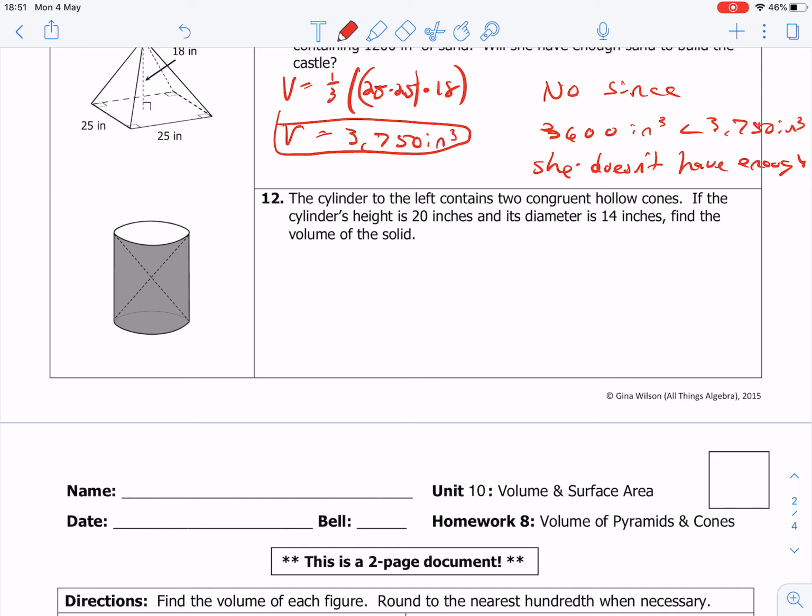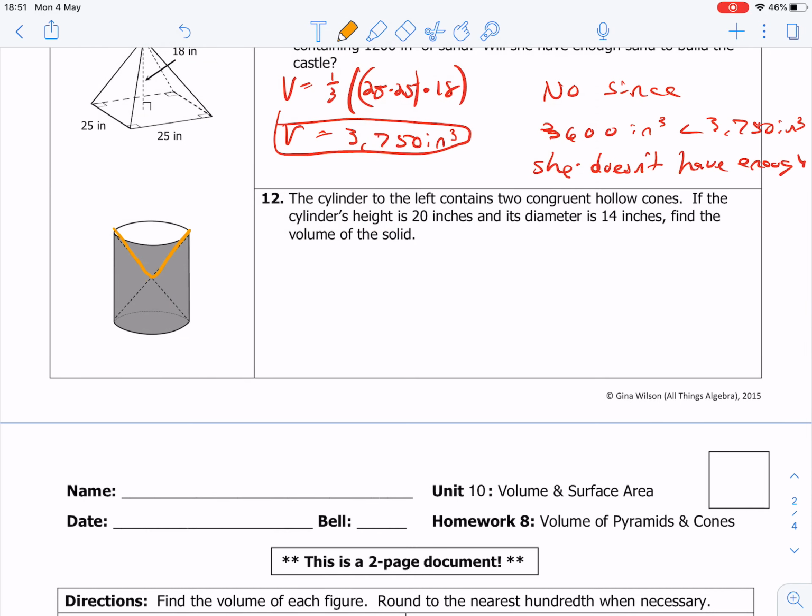Cool. So the cylinder to the left contains 2 congruent hollow cones. Not a very good picture then. Find the volume of the solid. So this whole thing is going to have 2 cones.